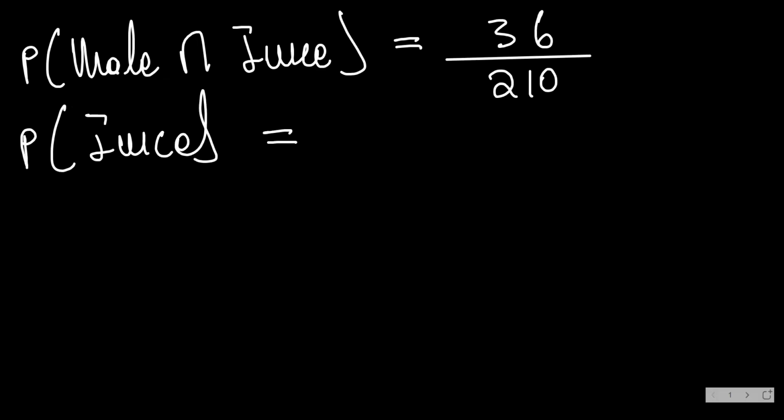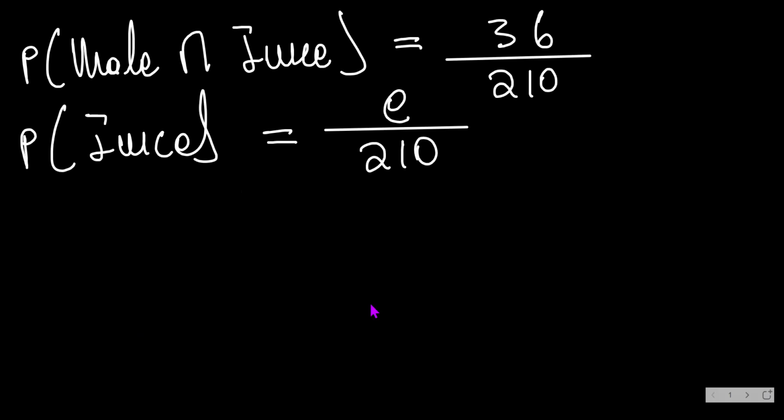A total of E learners prefer juice. So E out of 210 prefer juice. But the question said the probability of male and preferring juice. Okay, I see now. But 36 is still fine.